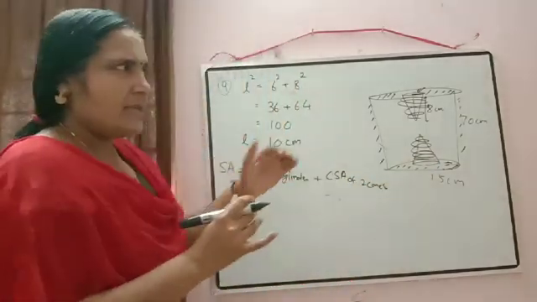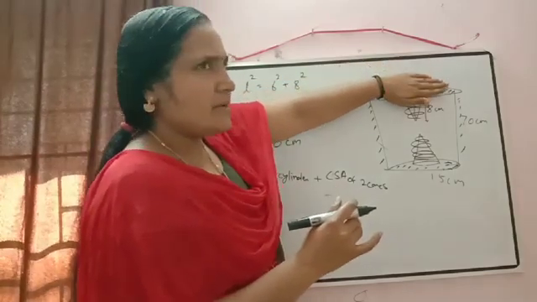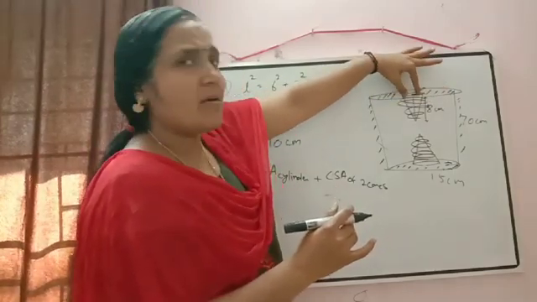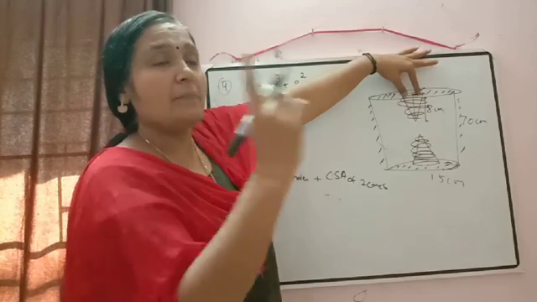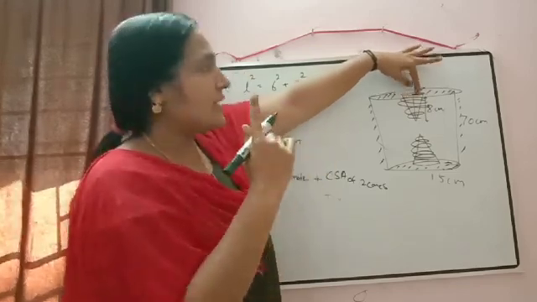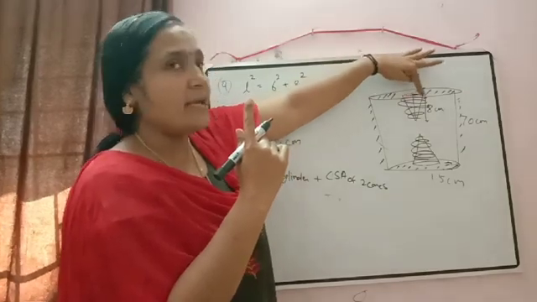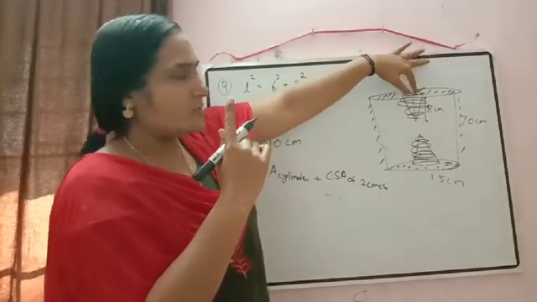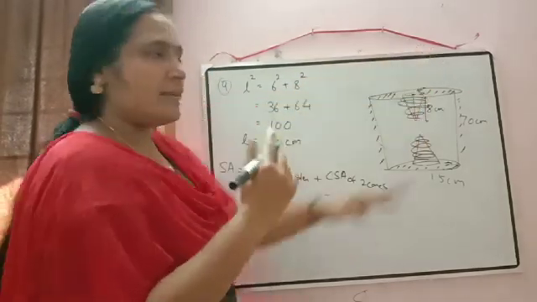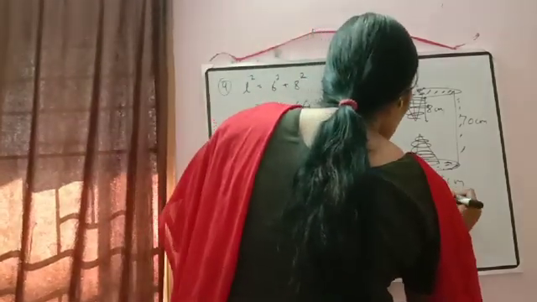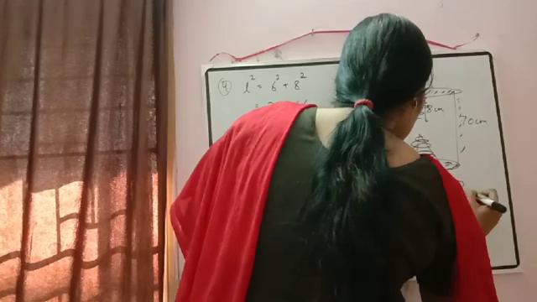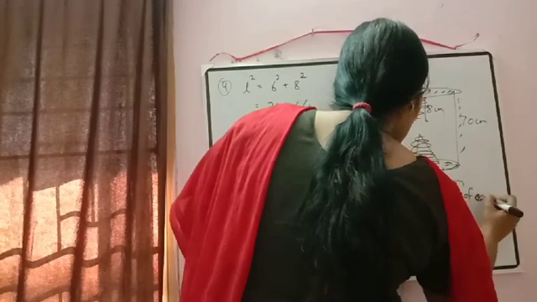Then what is remaining? When we calculated the total surface area, this area was also included, but there is a hole. So we don't have to paint that area, and we subtract it. That area is in the form of a circle, so two circles are there. So minus 2 into base area of cone.